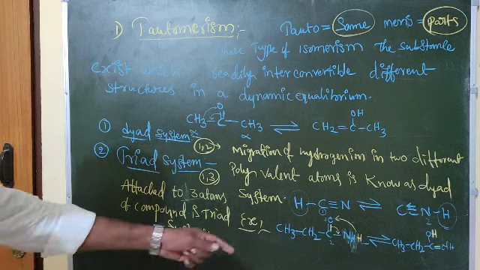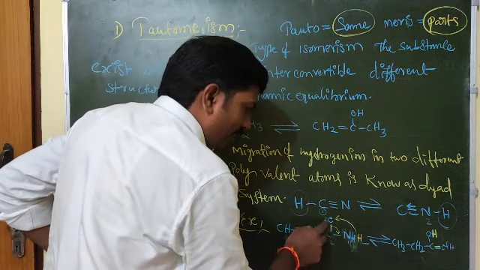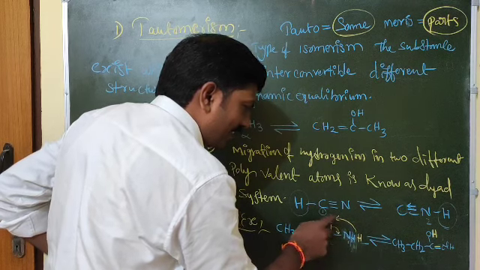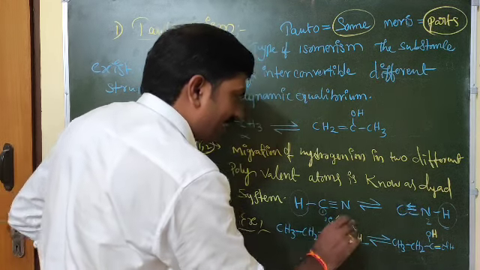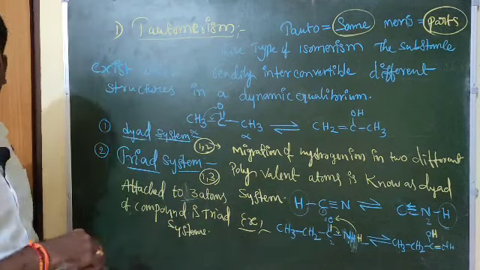That is a triad system, because the hydrogen oscillates between the first, second and third atoms, giving readily interconvertible two structures. This is also known as tautomerism.